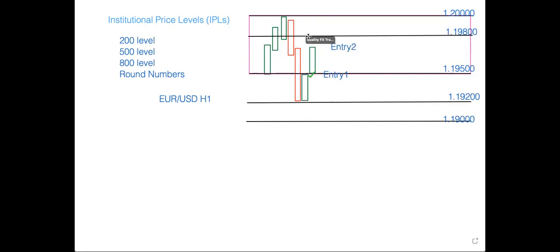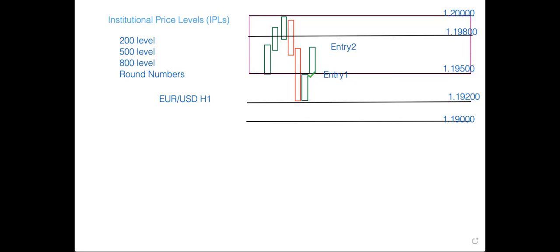So if you see here, the entry 1, we have the touch of order block. Also, we have the IPL level 19,500.